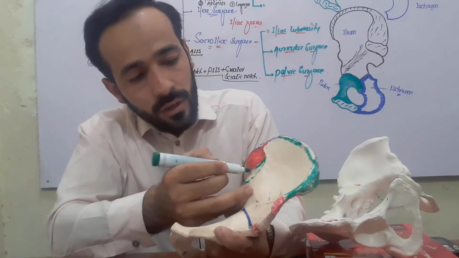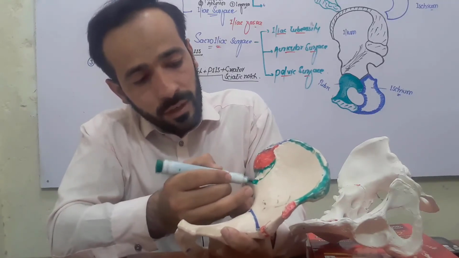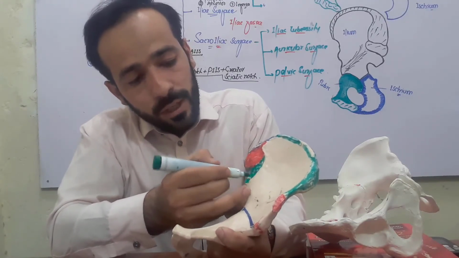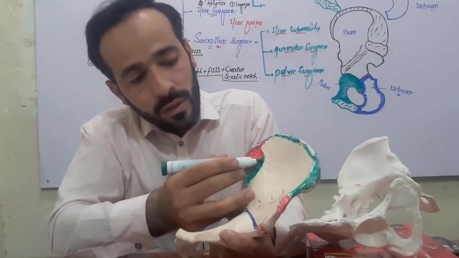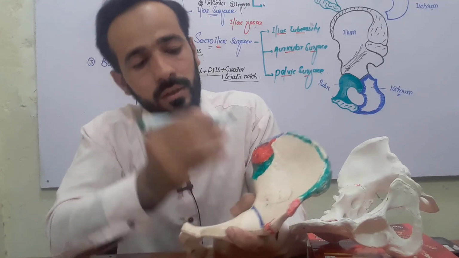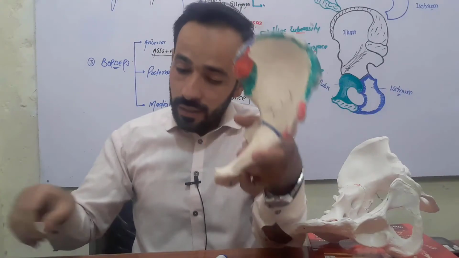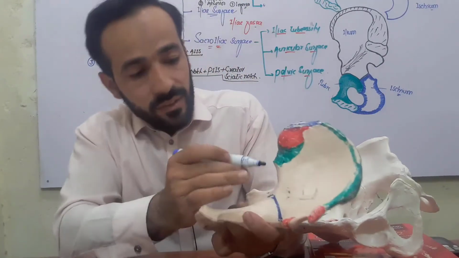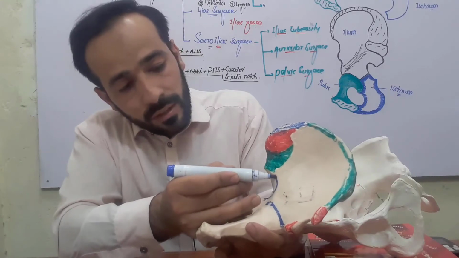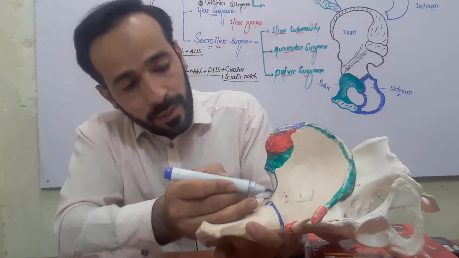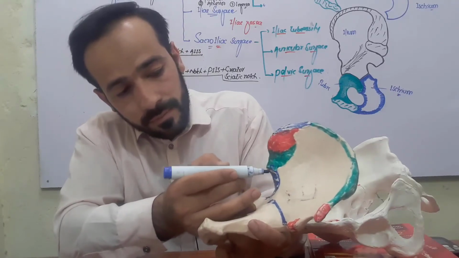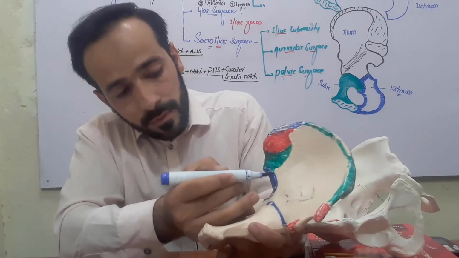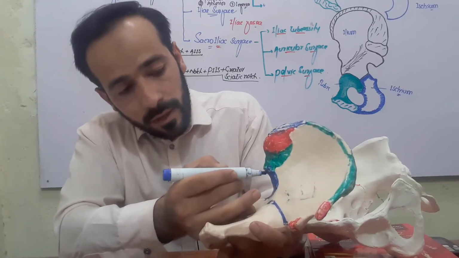This is your auricular surface, which I am shading with green color. So this is your auricular surface, right? And then there is the last one that we have is the pelvic surface. So you can see here is a part which is the pelvic surface, right? Like this.